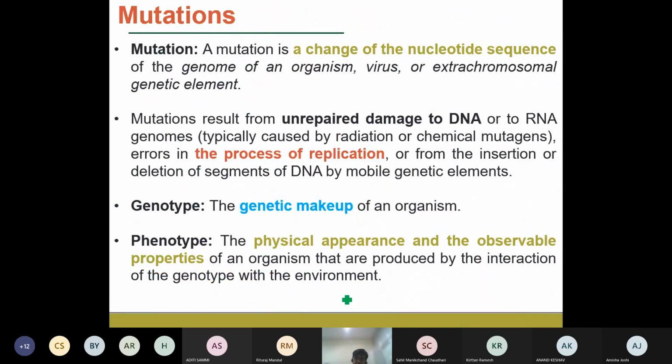Let us start with the next topic in the next class: strategies to improve the strain, like mutation, the different recombinant DNA technology, genetic engineering, and so on. We'll look into that in the next class.